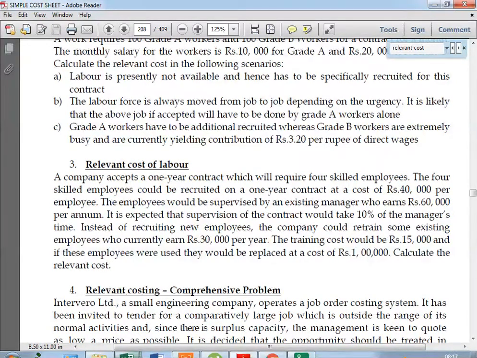I'm going to obviously retrain the existing people. It is the lower of the two, and hence the same is 1,15,000. Clear? Any doubts on this? Done.